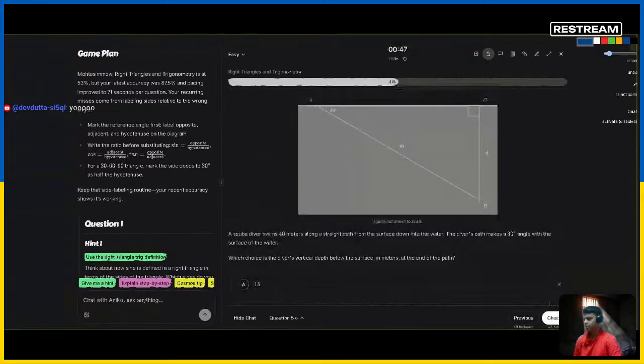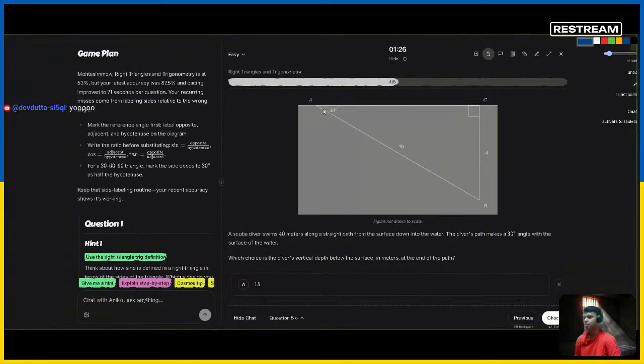A scuba diver swims 40 meters along a straight path. So this way, maybe? From the surface down into the water, the diver's path makes a 30-degree angle with the surface of the water.